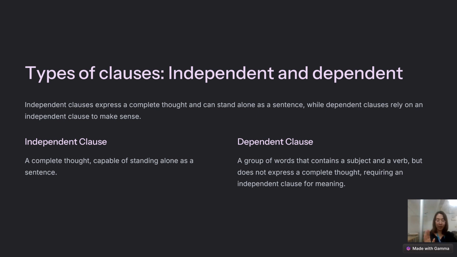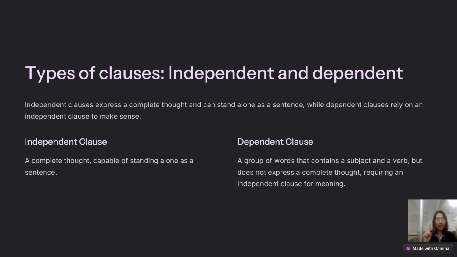For example, here I will give you a very simple example: the sun is shining. This clause is independent, and we can clearly say that because it has a subject. Which one is the subject? The sun. And a verb. Which one is the verb? Shining.